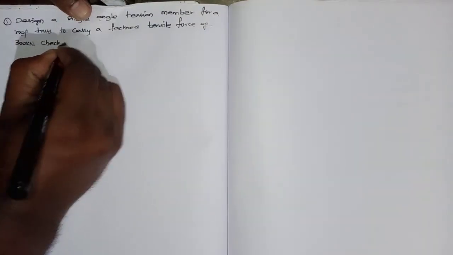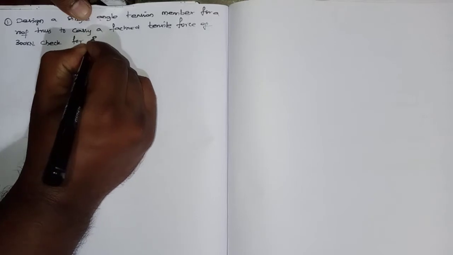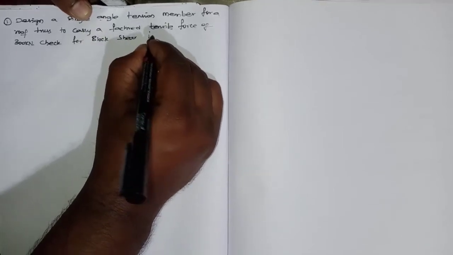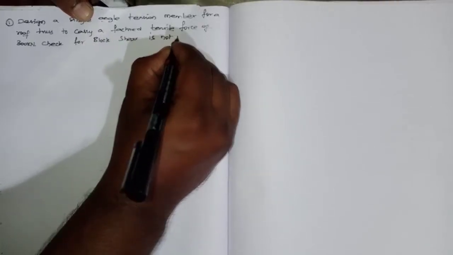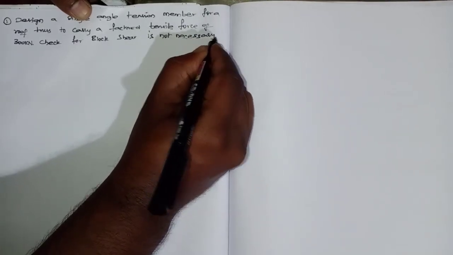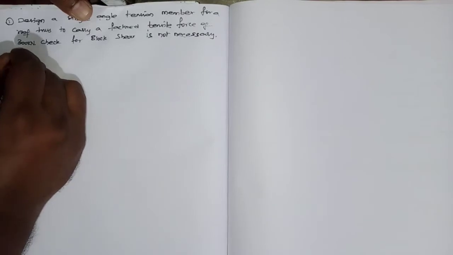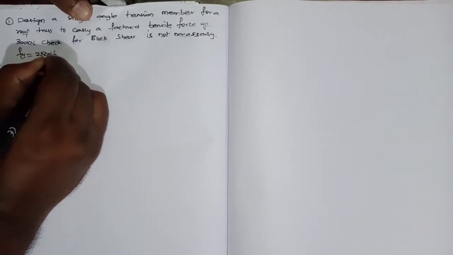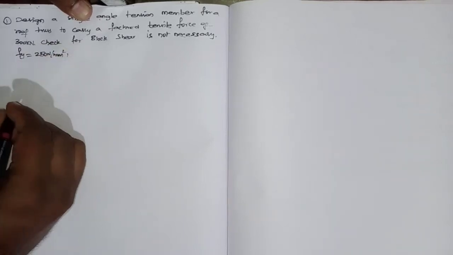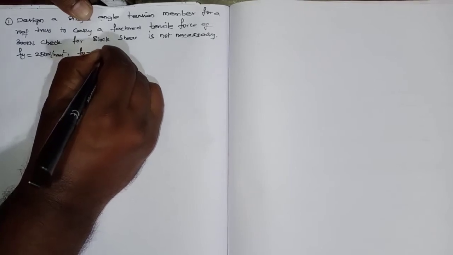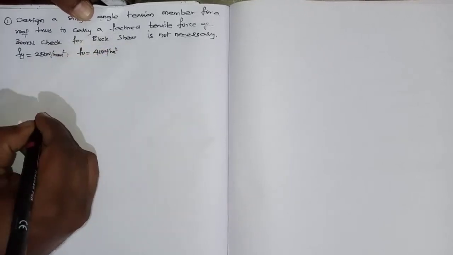Check for block shear is not necessary. Take Fy as 250 Newton per mm square and Fu as 410 Newton per mm square.